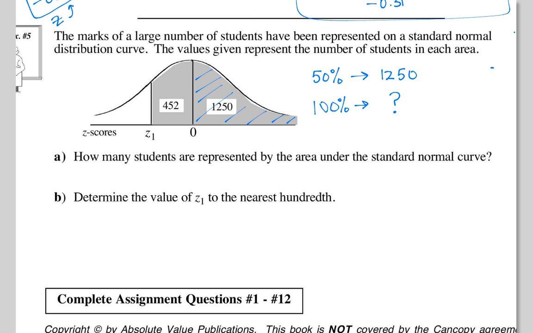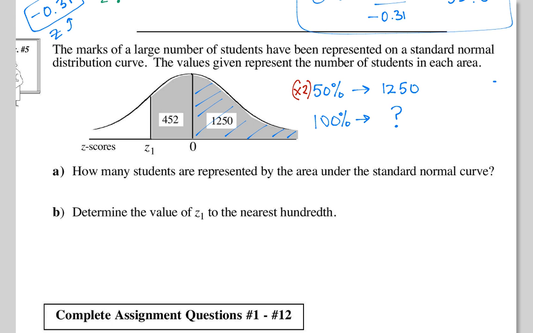All you would have to do on both sides is times by 2. So you get the total number of students. So how many students are represented by the area under the whole curve? Well, that's 2,500. We already answered that.